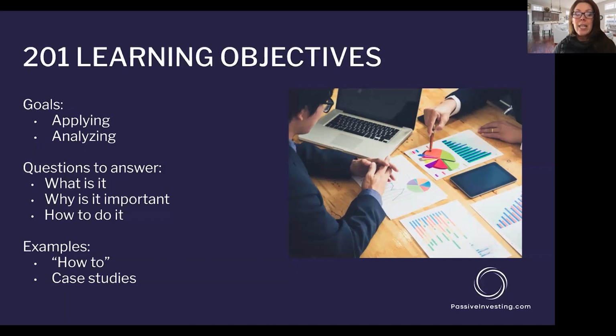But now we're going to show them how to do it step by step. So these are going to be your how-to blogs or how-to videos. These are going to be case studies. You're going to take it one step further and show examples of how that particular how-to plays out in their world. When you do that, they move beyond remembering and understanding, and now they get to apply that information that you gave them and analyze it.